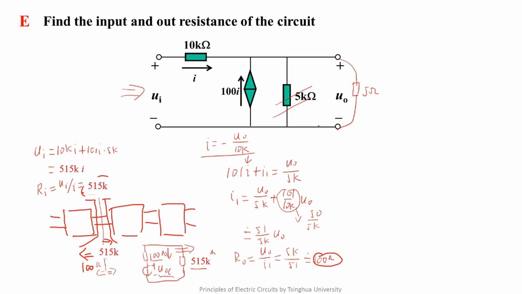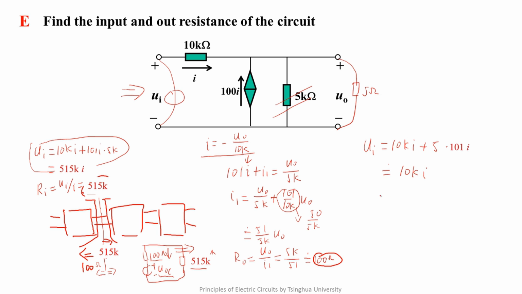Similar to the derivation above, we place a voltage source UI across the input terminals. UI is equal to 10K times I plus 5 times 101I, which is approximate to 10K times I.